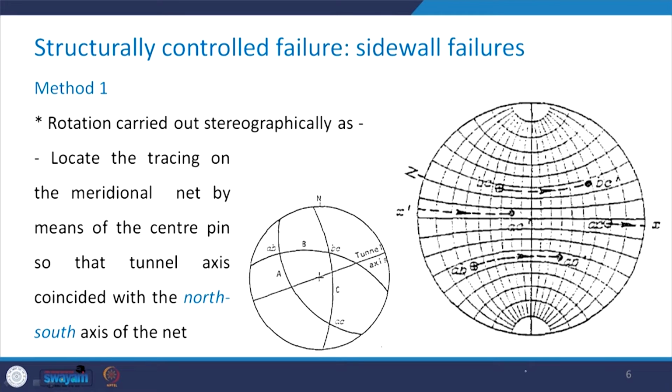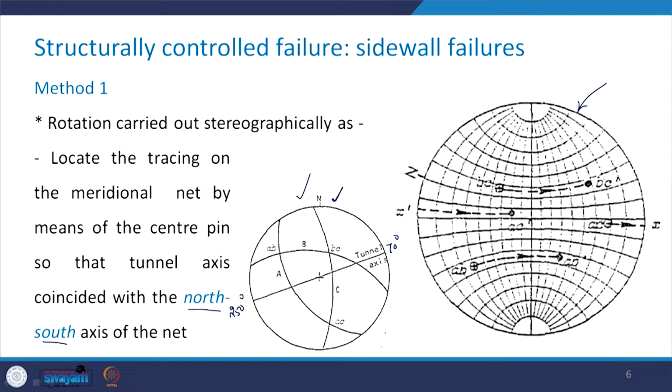Our figure looks like this. We locate this tracing sheet on the meridional net like this, such that the tunnel axis, which is 250 degree, 70 degree, now coincides with the north-south axis of the net.